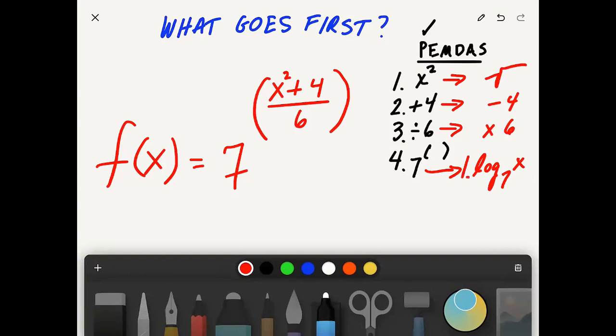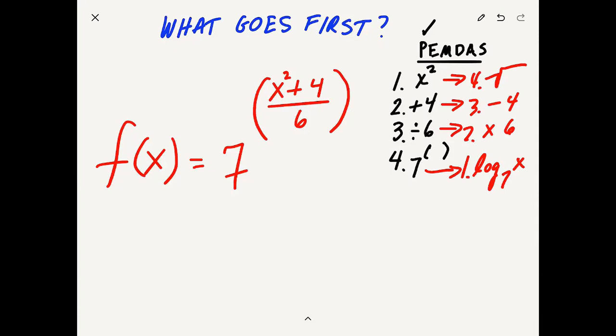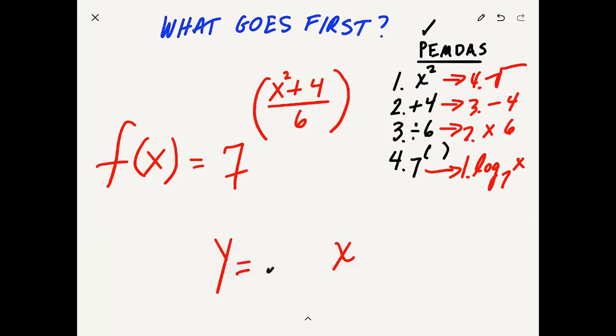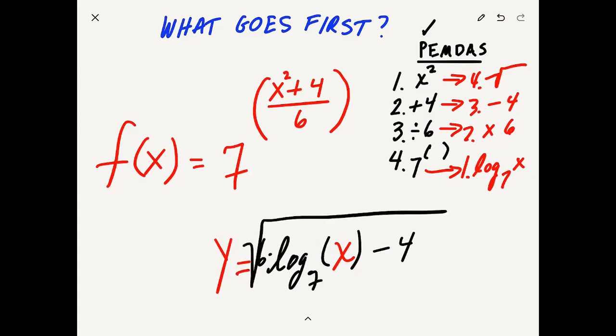So we're going to do this first, this second, this third, this fourth. Come down here, we have y equals, we have x, take the log of that, log base 7, and then we're going to multiply that by 6, and then we're going to subtract 4, and then we're going to take the square root of all of that stuff.